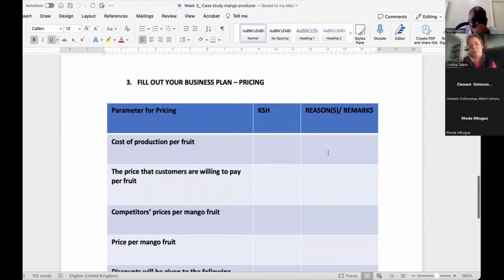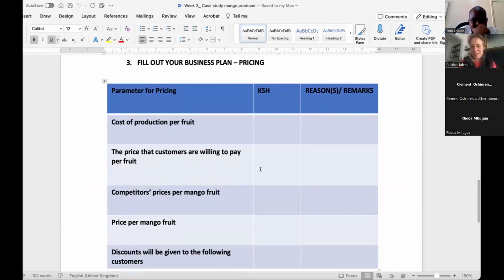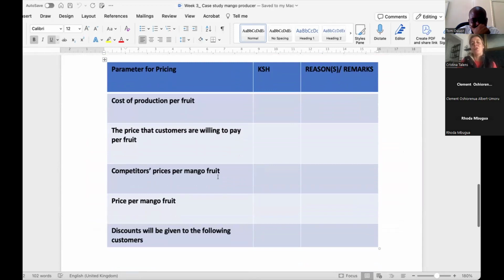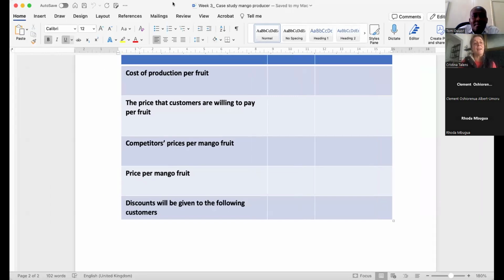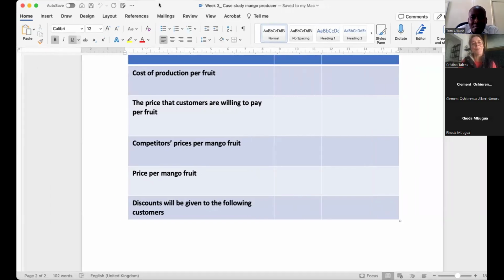The cost of production per fruit, the price that customers are willing to pay per fruit, your competitors' prices per mango fruit. If you can do a bit of research, that would be wonderful, but only if you have time. The price per mango fruit that you're going to charge and the discounts that you're going to give to different customers based on that. Okay? Is that clear? Any questions? Yeah. All clear.